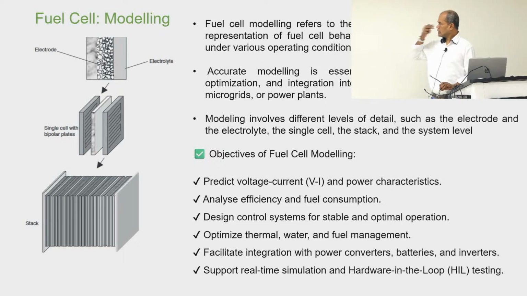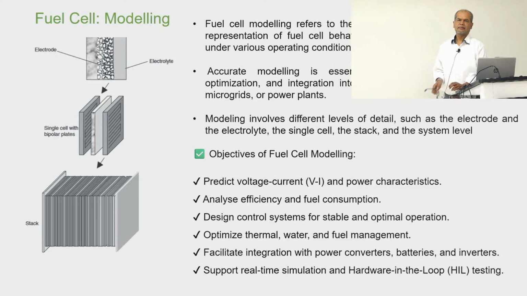So, if we want to exactly replicate that behavior, we need to develop the model, because as an engineer we always look for the differential algebraic equation, and using that we do all sorts of studies. You may want to do system design, control, optimization, system integration, or even integrating in the vehicle.